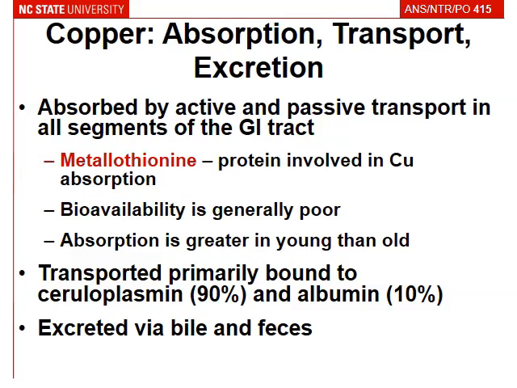So copper is absorbed by active and passive transport in the GI tract. If you are deficient in copper within your diet, you're going to be utilizing active transport. If you have excess copper within your diet, you're going to be absorbing it by passive transport.